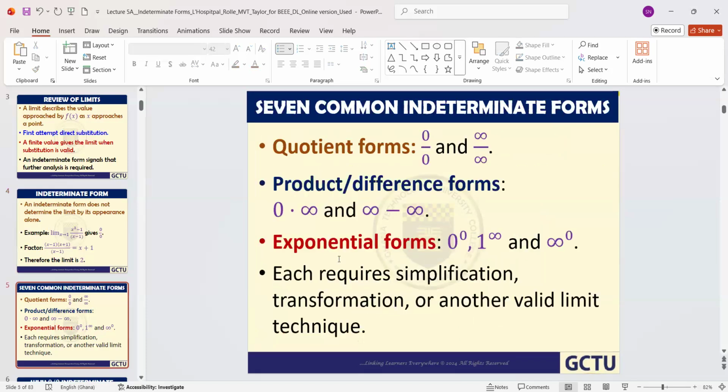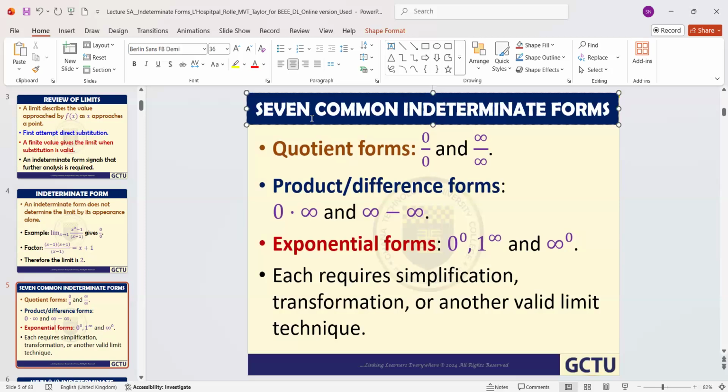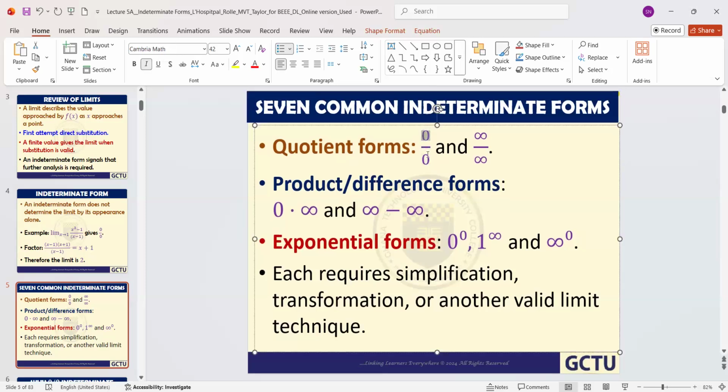So here, these are the 7 forms of indeterminate form. So kindly take note of them. The 0/0 is a popular one. Infinity over infinity is also very popular. We have the product and the difference forms. Product means that 0 is multiplying infinity, and then infinity is subtracting from infinity. This is also another form of indeterminate form.